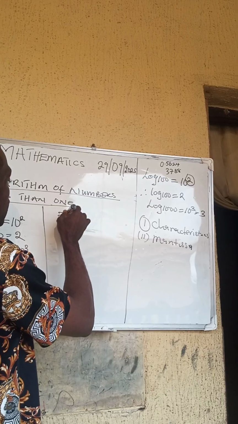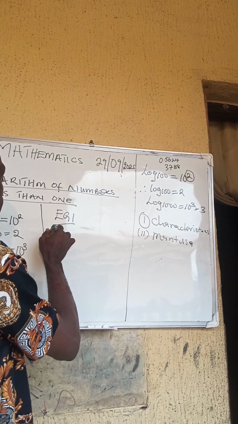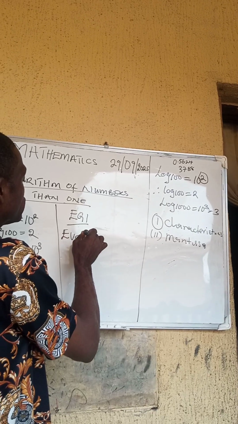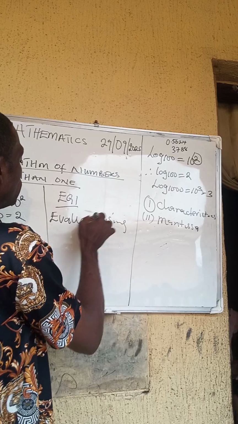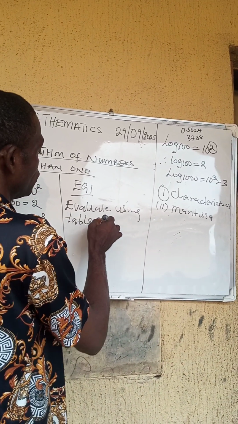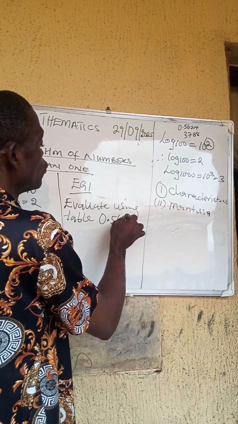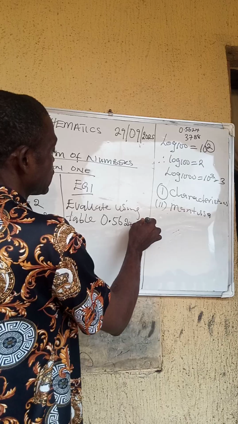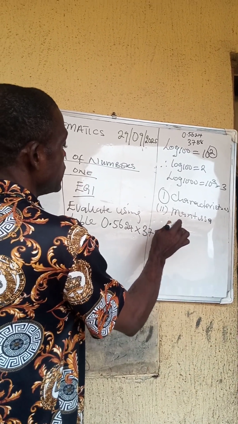Example 1: evaluate using a table, 0.5624 times 3788.